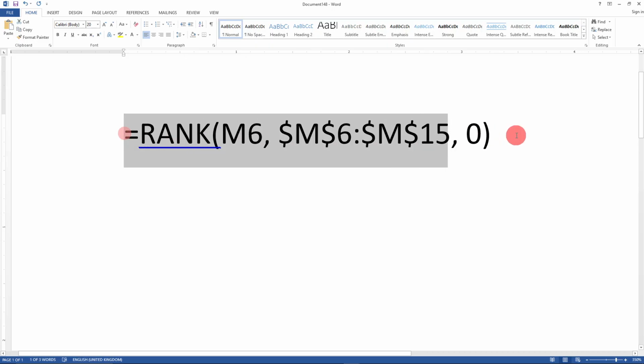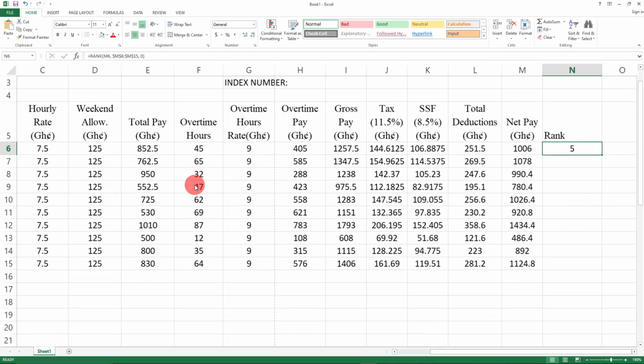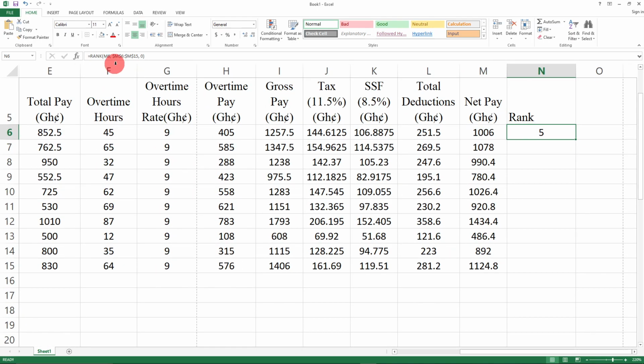So let me explain it on the Excel sheet. Okay, so we are back on the Excel sheet. The M6 here is this one. The M6 is the net pay for Michael.